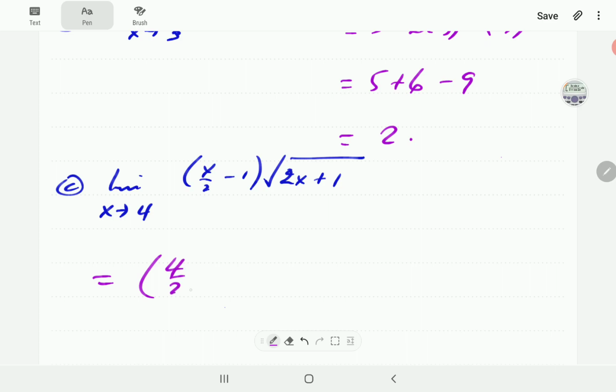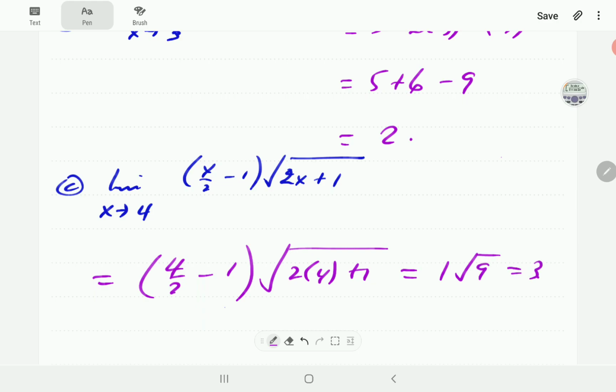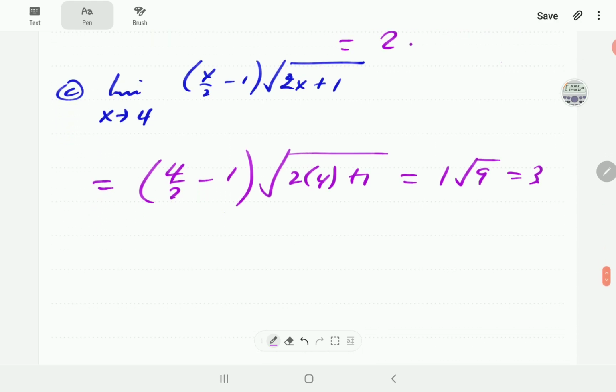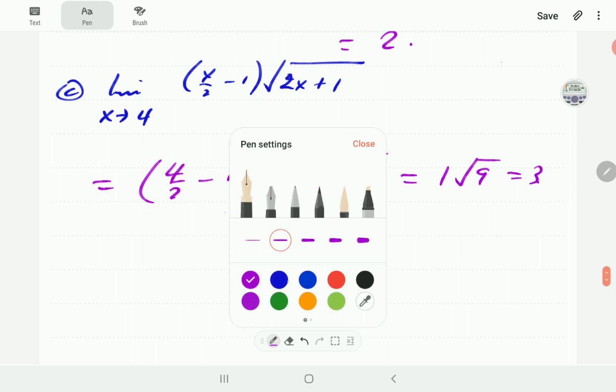We're going to have 4 over 2 minus 1, then a square root of 2 times 4 plus 1. 4 over 2 is 2, minus 1 is 1, and this one is going to be square root 9. So this is going to be equal to 3.